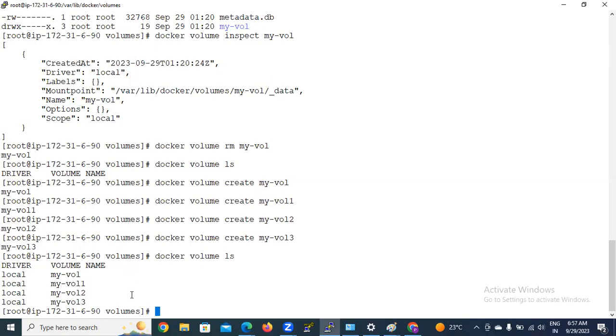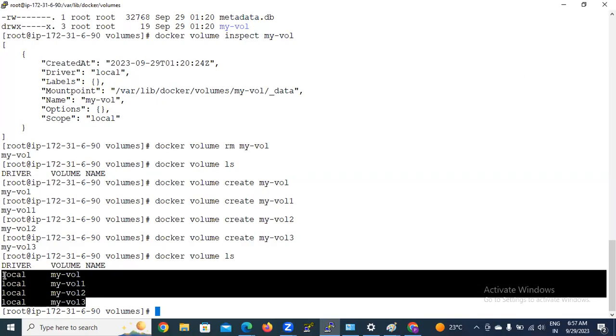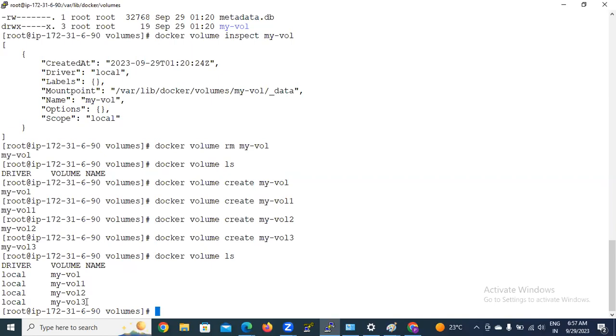And suppose you are not using these volumes, they are unnecessary in the system, they are only created and you forgot about them. So we have one command.